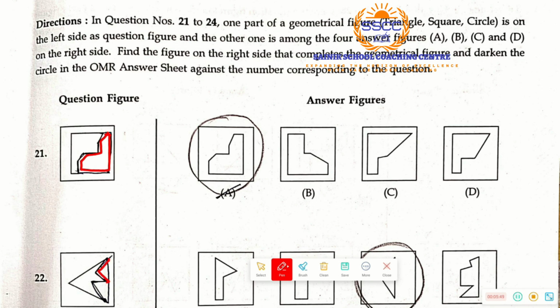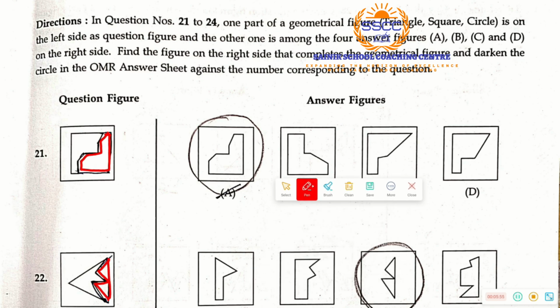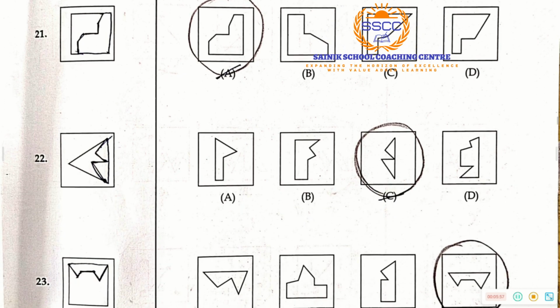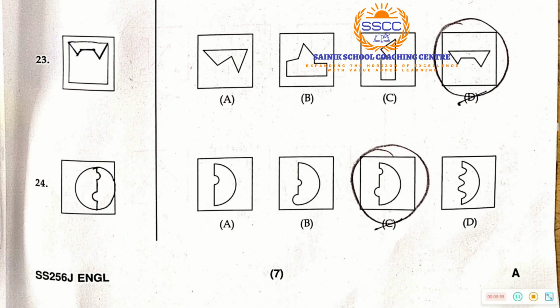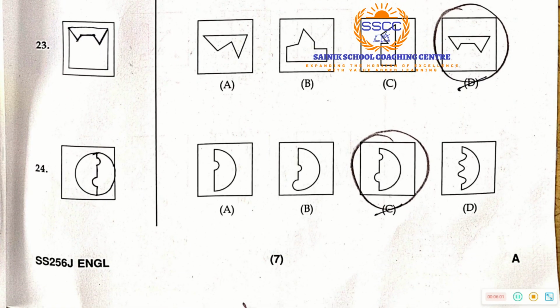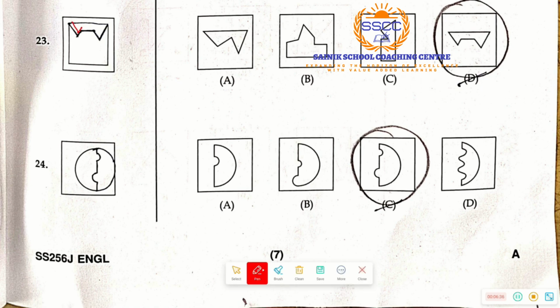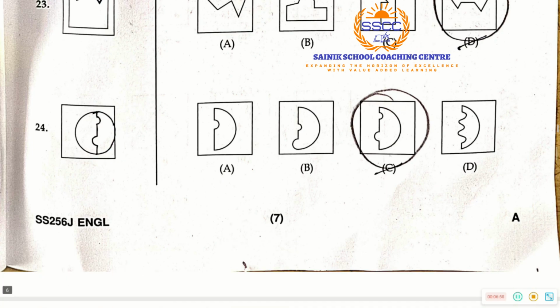Similarly, for the 22nd question, we have it like this, which is option C. Question number 23 and question number 24. This is the figure that fits in, which is option D. And here, option C.